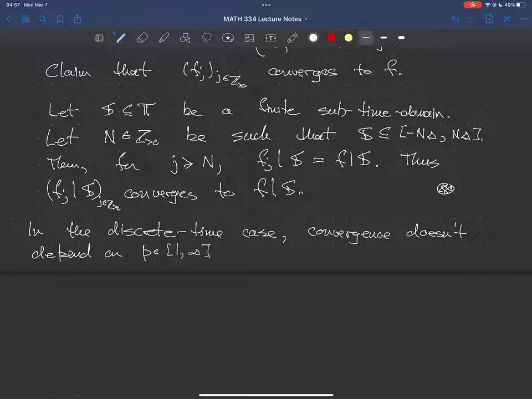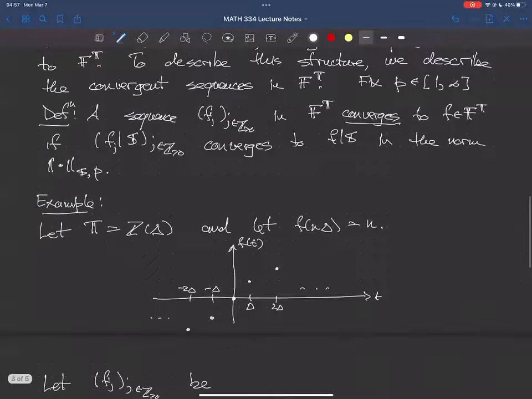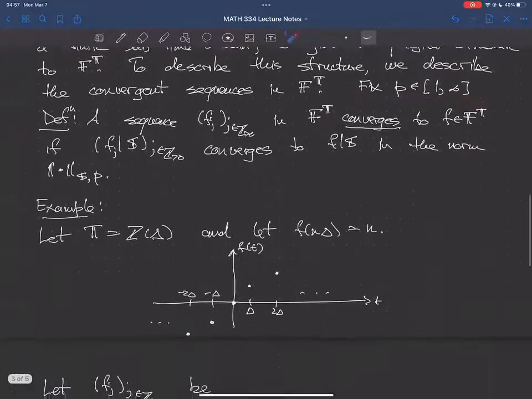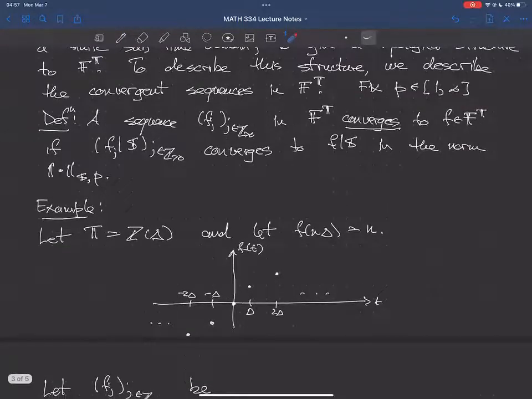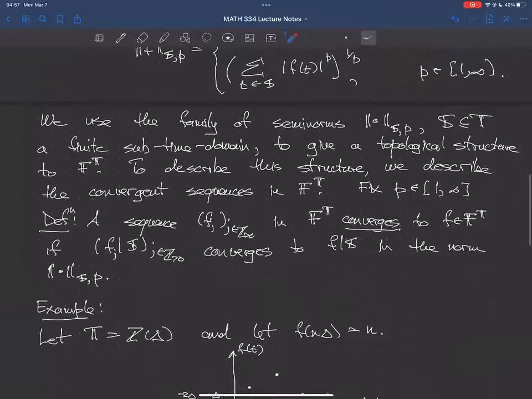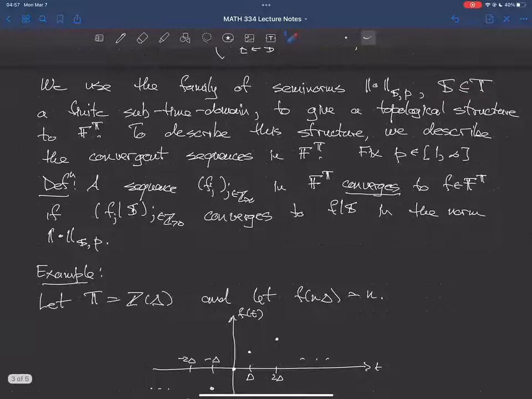Okay, so if it converges for one P, it converges for all P. And so this means that you can really use any of these P norms in the case of discrete time signals. And the reason for that is very simple. If you choose a finite subtime domain S, and you talk about convergence, you're restricting to that finite subtime domain.